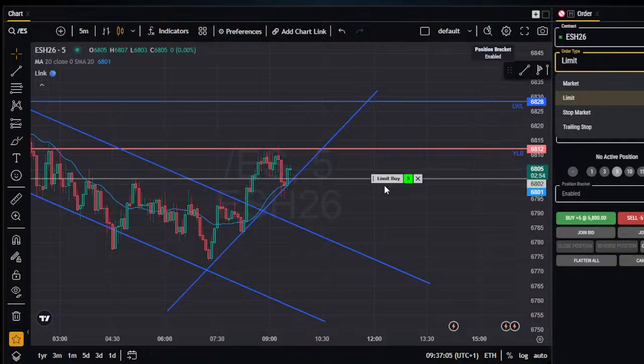I'm not going to FOMO out on this one because we are just developing a three push pattern, and I think there's more of a retest to be done. I don't think this gap will stay open.